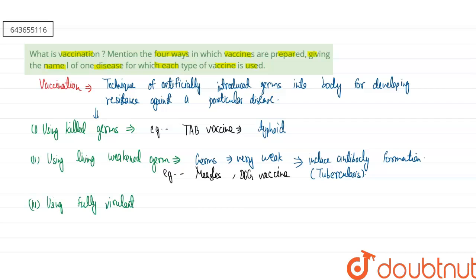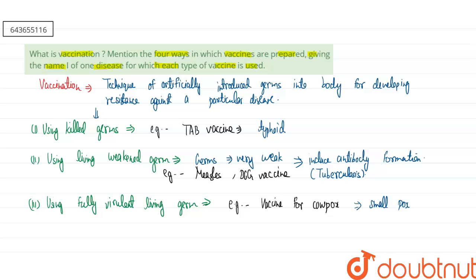That means we are using the actual strain of the pathogen. For this type of vaccine, we can take the vaccine for cowpox. The vaccine for cowpox is a fully virulent living germ, and in this vaccination a person is inoculated with cowpox, which is very similar to the smallpox which occurs in human beings.